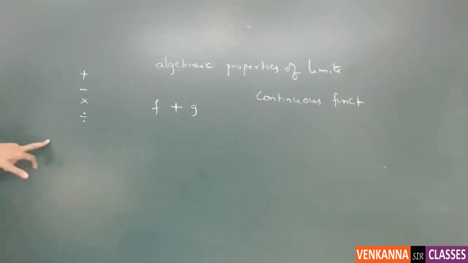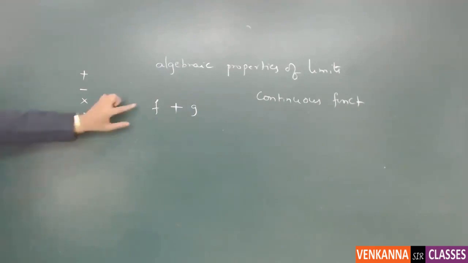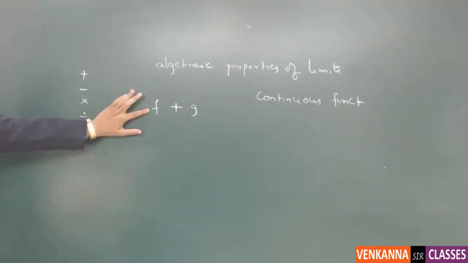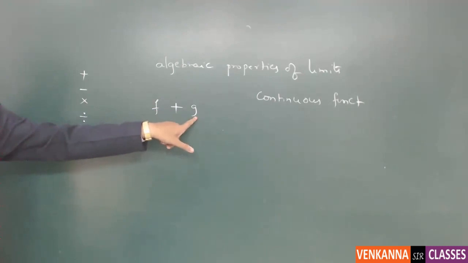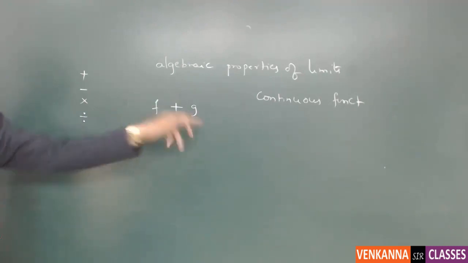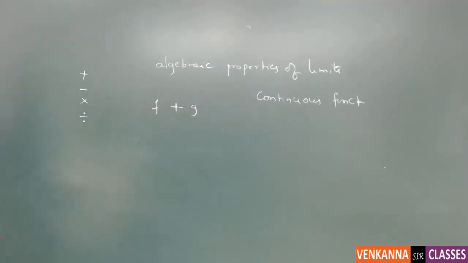Similar properties will be satisfied by the continuous functions. The same thing we discussed while going for the algebraic properties of the limits. Since continuity is defined point by point, the actual meaning here is if f is continuous at a, g is continuous at a, then f plus g is also continuous at a.